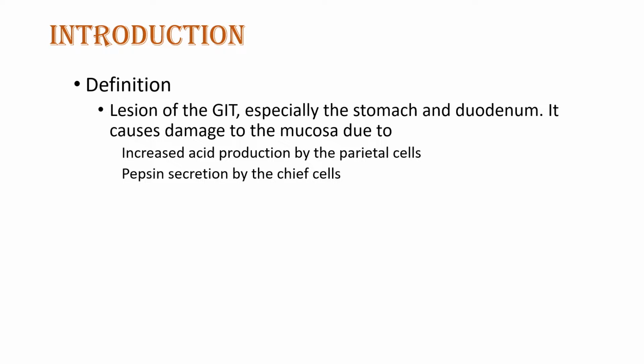By way of introduction, an ulcer is a break in continuity of mucous membrane or membrane lining. In the case of peptic ulcer, as the name implies, it is a break in the stomach or duodenal mucosa. Now, there are two entities that make up peptic ulcer disease: gastric ulcer and duodenal ulcer.